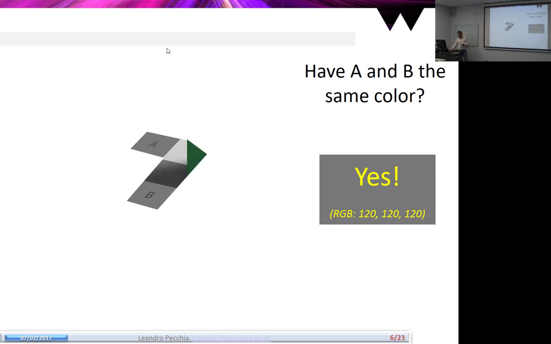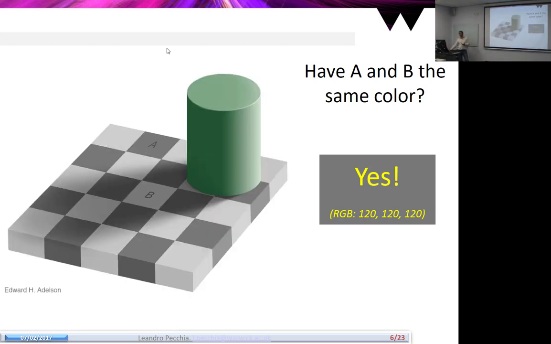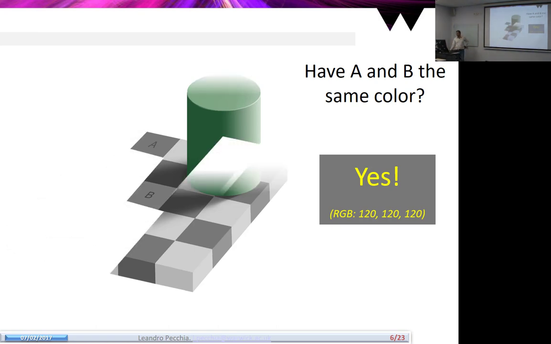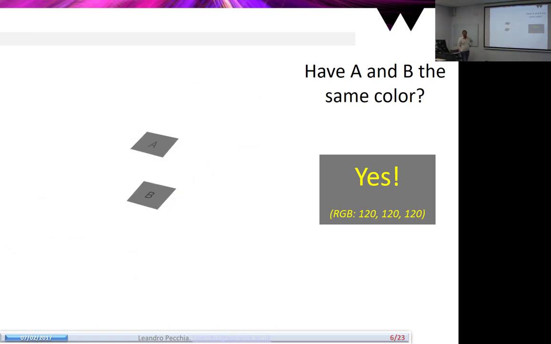Let's see that. If I start adding the other pieces, your brain struggles understanding that they are the same color. If I take off the surrounding images, finally your brain sees what your eyes are seeing.